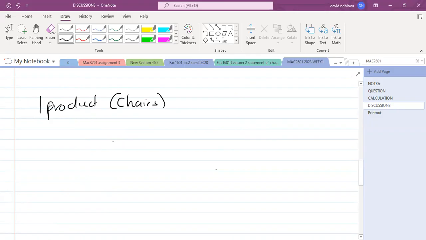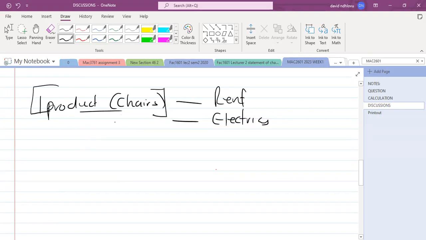So what therefore happens is that when I incur rent, when I incur electricity, these two costs are directly attributable to the chairs. They have been incurred for the chairs. Without the production of the chairs, I will not incur these particular costs. So for the very same fact that these costs have been incurred specifically for the chairs, they will be classified as direct.